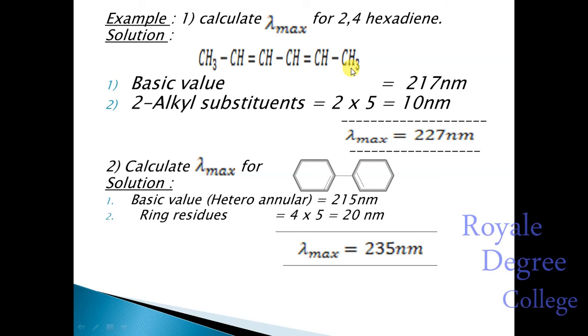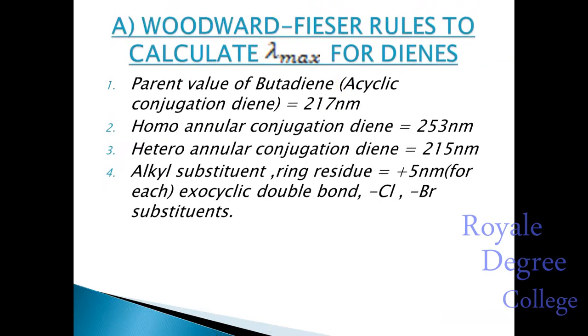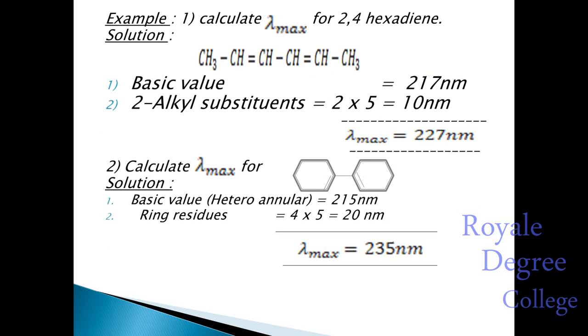So here the basic value for this diene we take as 217 nanometer. Why? Because the parent is butadiene, that is acyclic conjugated diene, which means it is not showing a ring structure. And the two double bonds are there in the diene. For that, the parent value is 217. So that's why we are writing 217 nanometer.